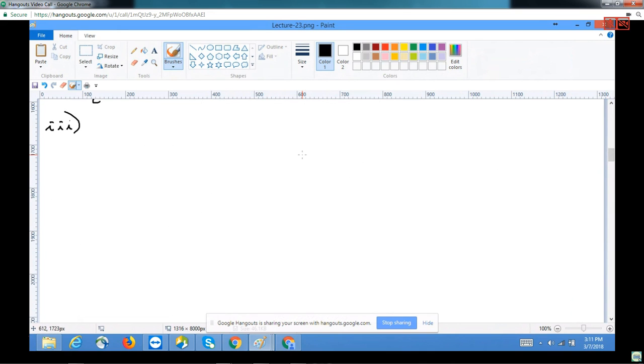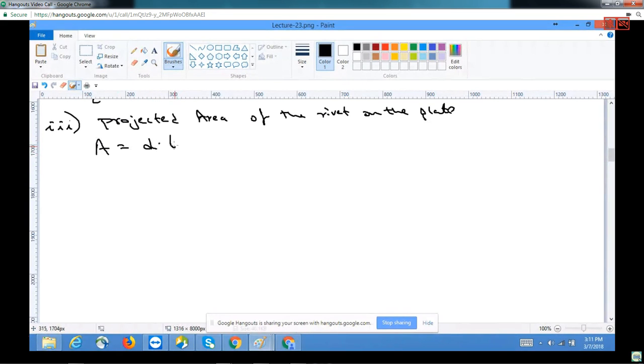In this case, the projected area of the rivet on the plate, A, is equal to d times t, and hence your P crushing is equal to d times thickness times sigma crushing.